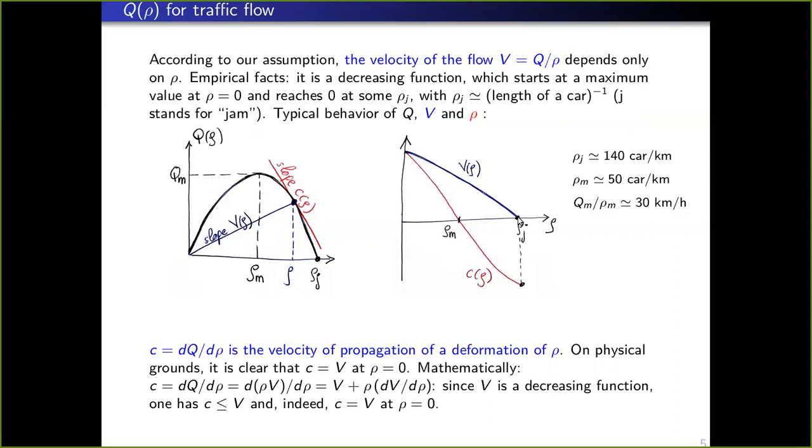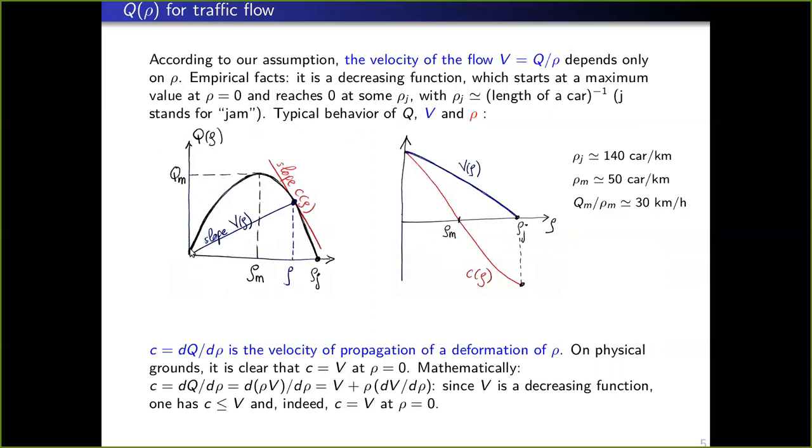One can also represent C, the velocity. Remember, C is dQ d rho. So it's the slope of this red curve, of the tangent. And how does it behave? It's 0 at some rho m.